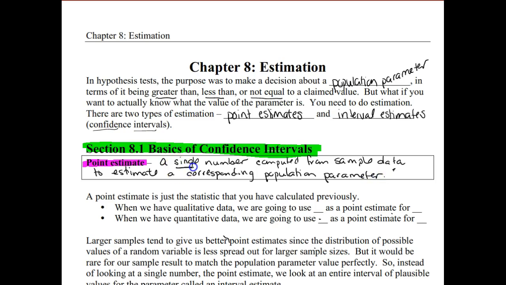Okay, so it's a single number, which is why it's called a point estimate. It's going to be a single point on the number line, and it's computed from sample data, but we're going to use it to estimate the corresponding population parameter.